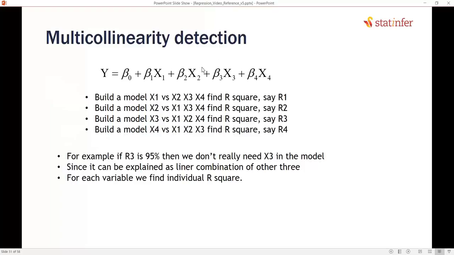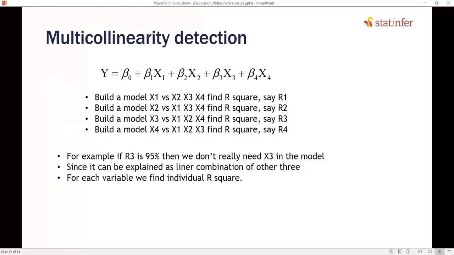There is a problem in just finding the pairwise correlation. What is the problem? It might so happen that x1 and x2 correlation might be less, x1 and x3 correlation might be less, x1 and x4 correlation might be less, but these 3 variables together, x2, x3, x4 together, might be impacting x1. x1 might be depending on x2, x3, x4 together.